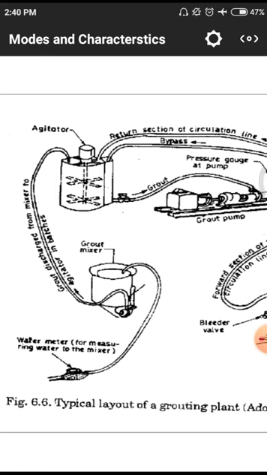After pumping this water into the tank, those two materials, grouting material and water, blend together. Then they form the grout. After that this grout is pumped from the water tank to the agitator.